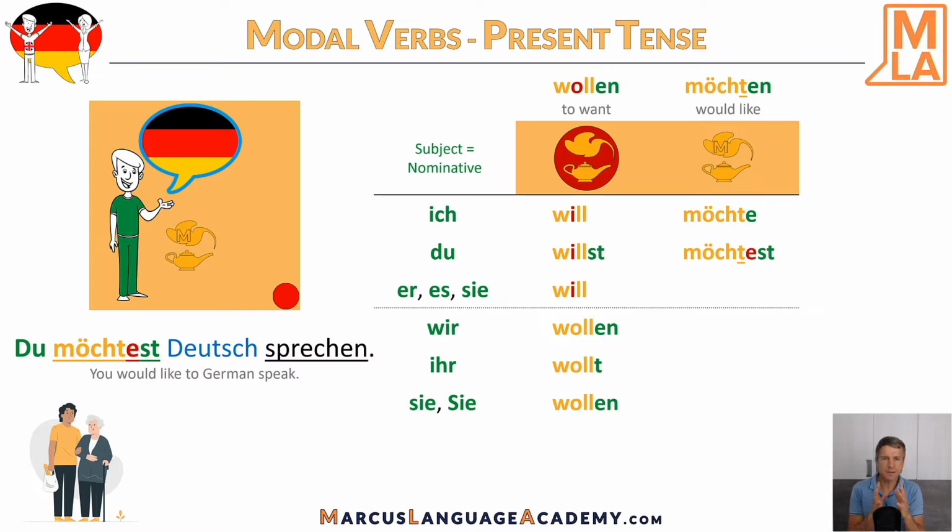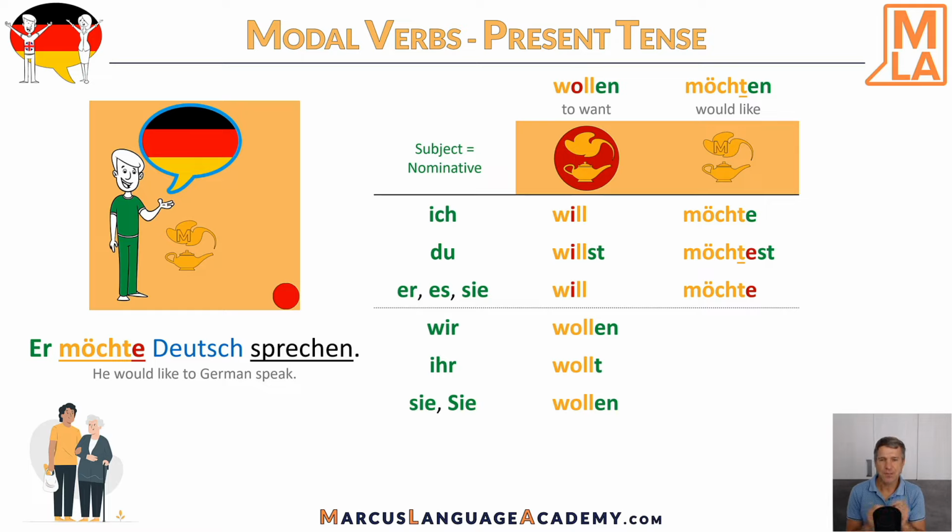Here we need a kind of separator E to separate the T from the root from the -st as the ending. And the third person singular is er möchte. Er möchte Deutsch sprechen. He would like to German speak.